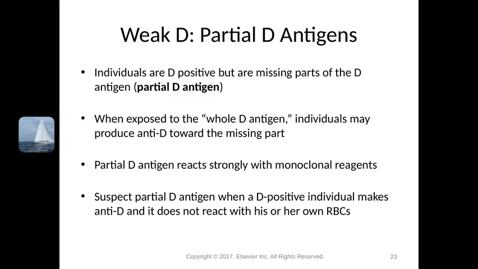We type as D positive because we do react with the reagent, but if I were a patient that had partial D, when we would receive D positive blood, we could potentially make an antibody against the full D antigen part that we don't have. So these partial Ds will react with monoclonal reagent. We would suspect this if the patient is typing as D positive and makes anti-D, and then it doesn't react in the autocontrol. So this is where we would think it would be a partial D.